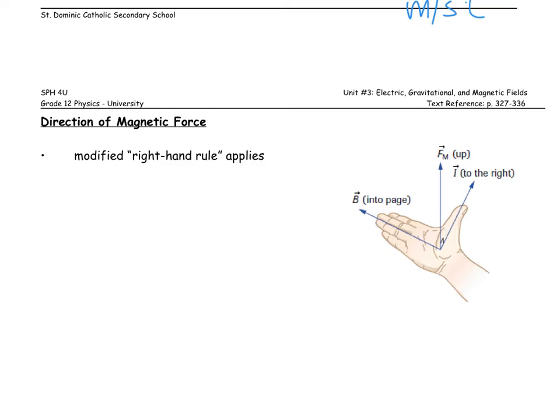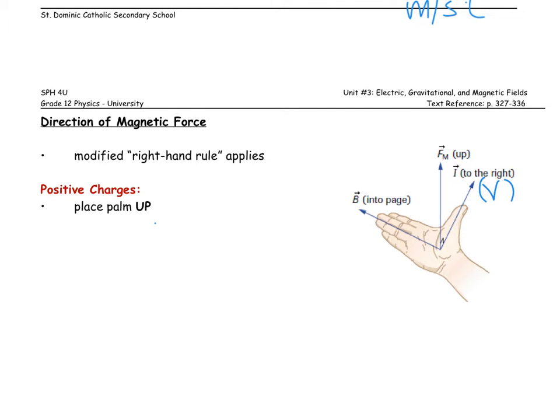If we place our thumb in the direction of the current, which by the way is the same direction as the velocity as well, and we place our fingers in the direction of the magnetic field, then the magnetic force will be in the direction perpendicular, coming out of your palm, upward.